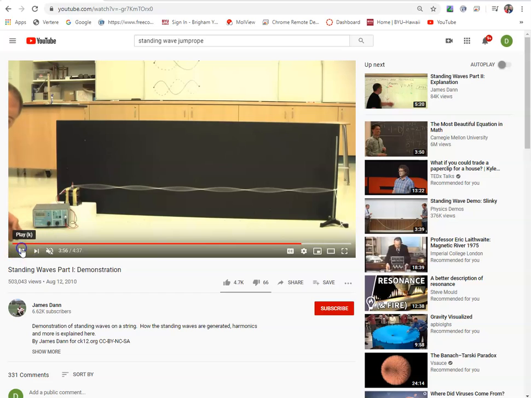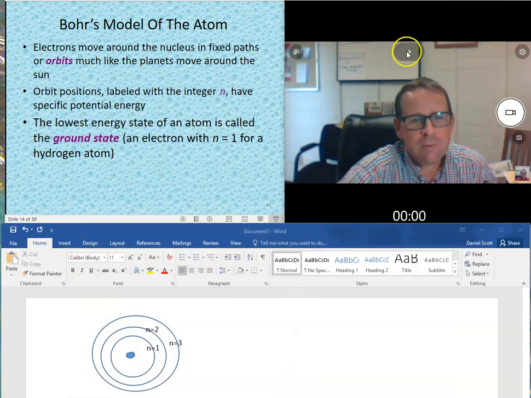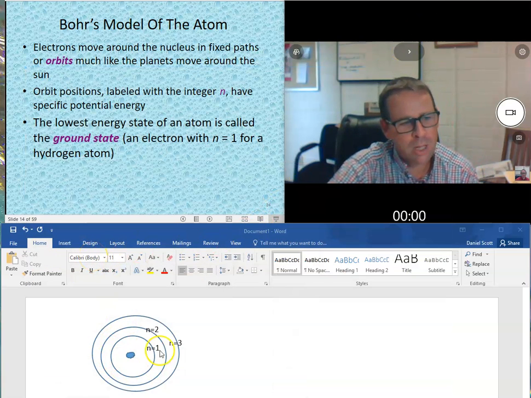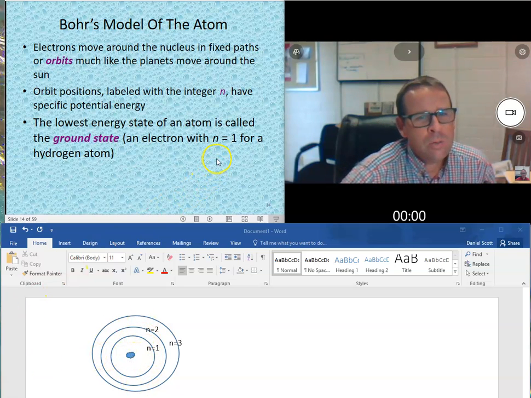So you could think of this as being maybe at n equals 1, 2, 3, 4, 5, where at higher energy you get more nodes involved. All right. So it's this kind of wave that we're talking about when we talk about an electron behaving like a wave.